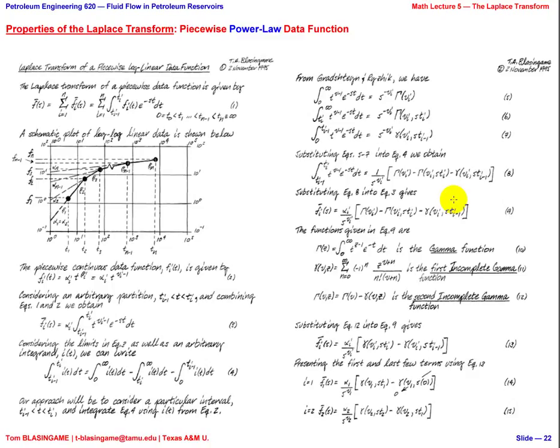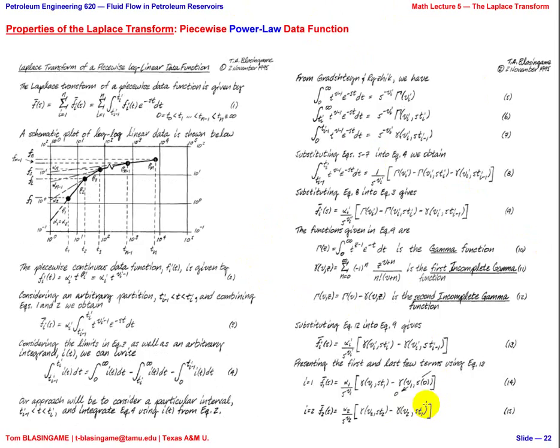But here it has the particularity that when you do the algebra and some calculus, you end up with functions expressed in Laplace domain in terms of incomplete gammas, right? The one we talked about last week.